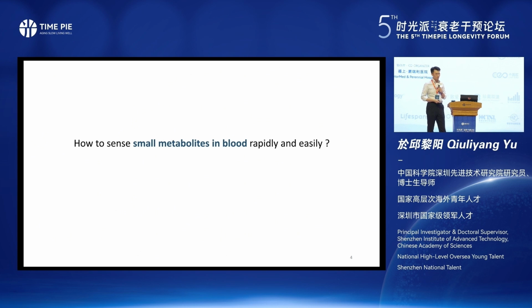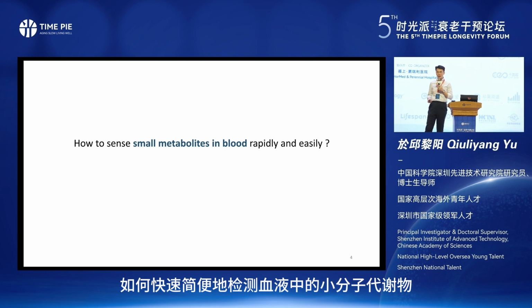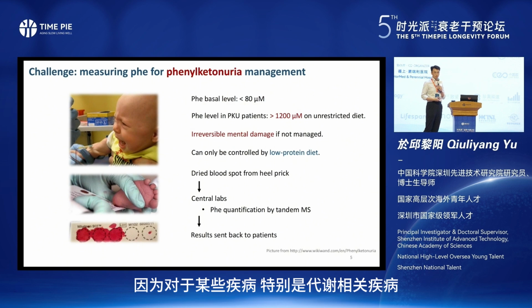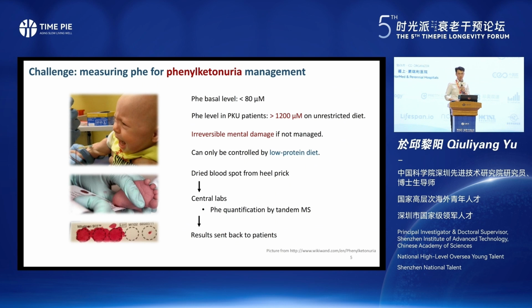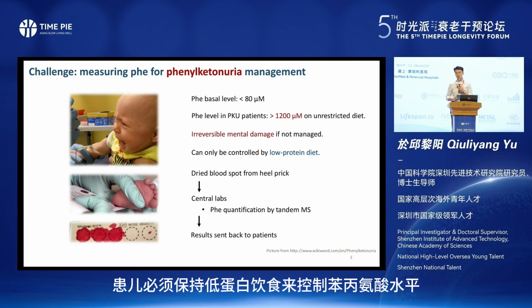So we started the project by asking how to sense small metabolites in blood rapidly and easily. The reason why we want to do this is that for some of the diseases, especially metabolite-related diseases, this monitoring can be important. For example, for the management of phenylketonuria. This is a disease with which the babies would have high levels of phenylalanine, and they have to manage this by taking a low-protein diet.